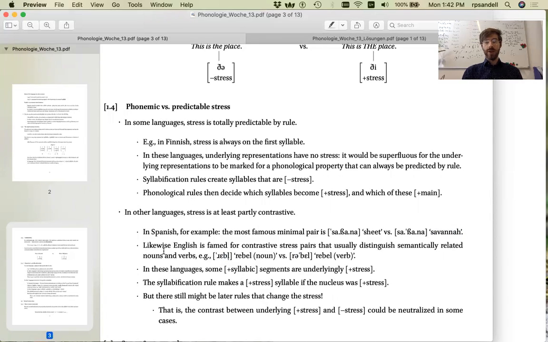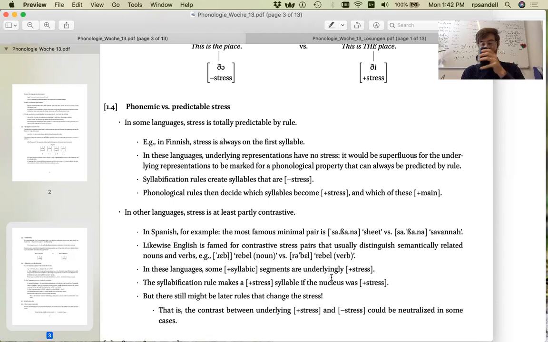So in order to account for these patterns, we probably need to assume that some plus syllabic segments are underlyingly marked as plus stress. So in those cases, the syllabification rules will then build a syllable which has the feature plus stress if the nucleus underlyingly has the value plus stress. However, there could be later rules that apply in the language that can change those stress features.